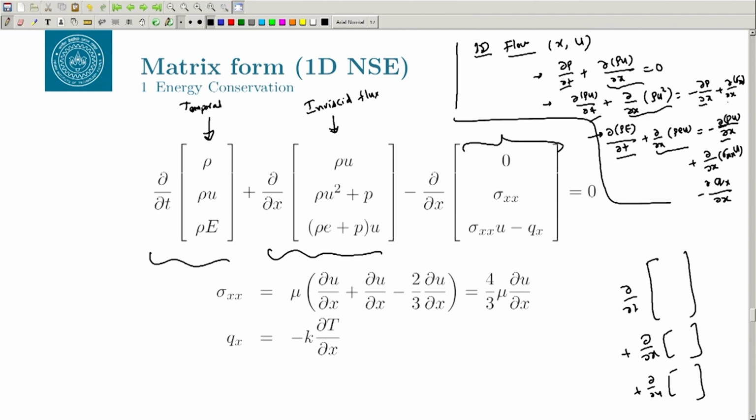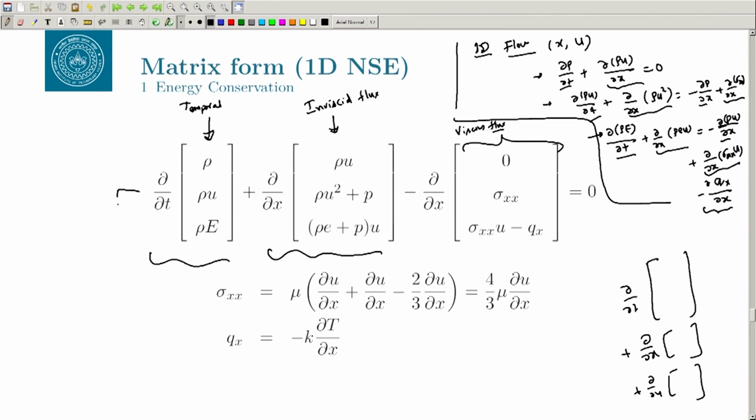So, what are the viscous terms here? This term will depend on viscosity, and also you have the thermal conductivity term. So, this all can come together here, and this is your viscous flux. Why I have written it in this form is because, let us say you want to solve only for the inviscid flux.